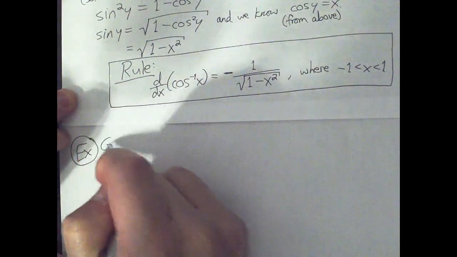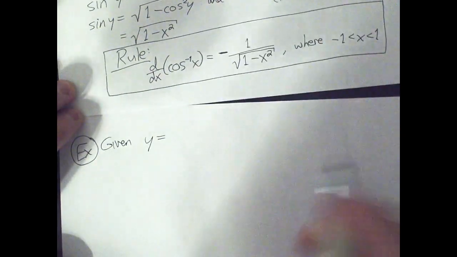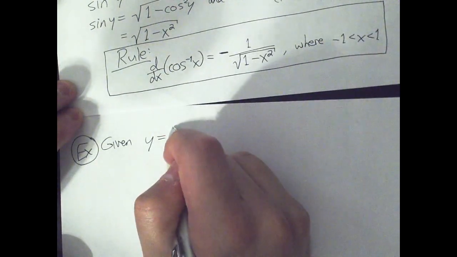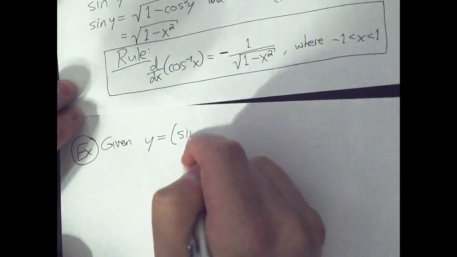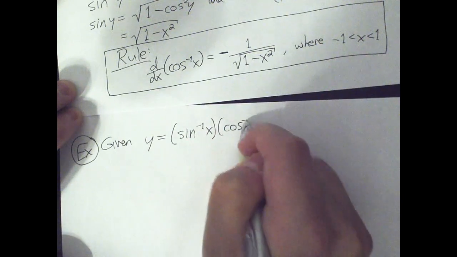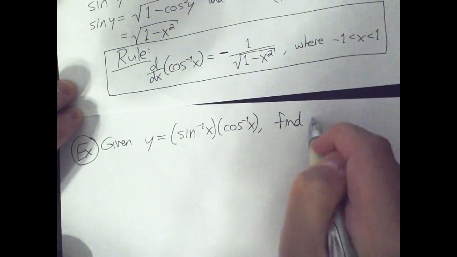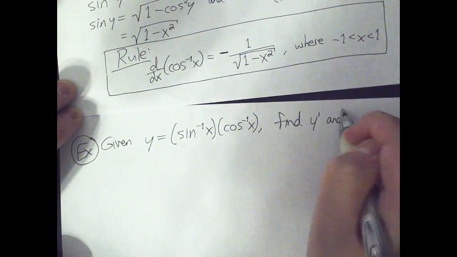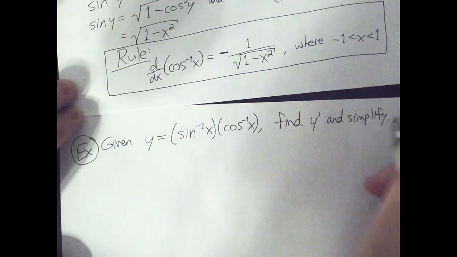All right, so given y equals, I'm going to ask you to try this one. Y equals inverse sine x times inverse cosine x. And it's going to say find y prime and simplify. So I'd like you to pause the video and give this a shot.